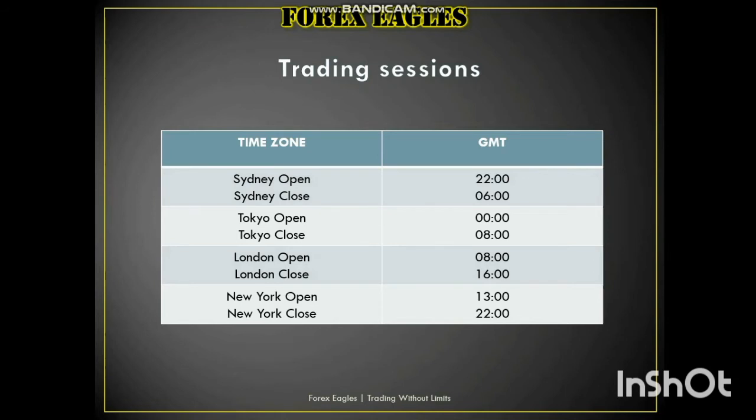So Sunday you can expect the market to be open at 10, and Friday at 10 you can expect the market to be closing, and you get to rest for the weekend. Then you can see where the other sessions are overlapping, and so on. As you go on, I'll try to highlight certain key features that you need to identify about these different trading sessions that will be very crucial to your trading journey.